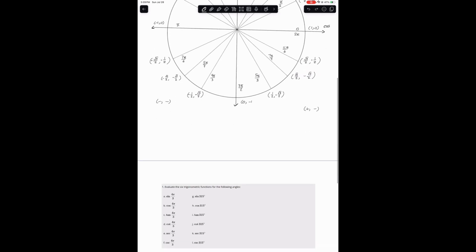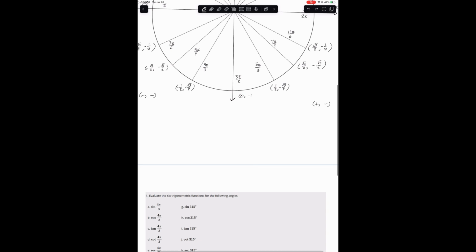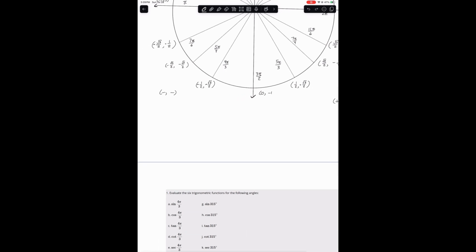It's a quick review, right? Supplementary angles add up to 180 degrees or pi radians.